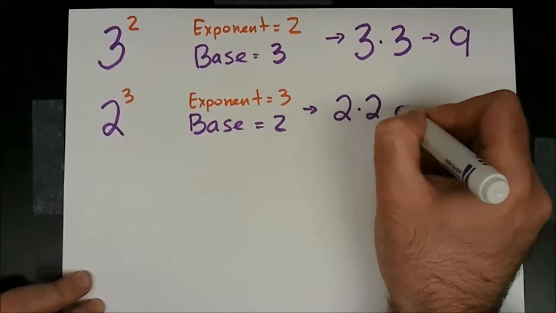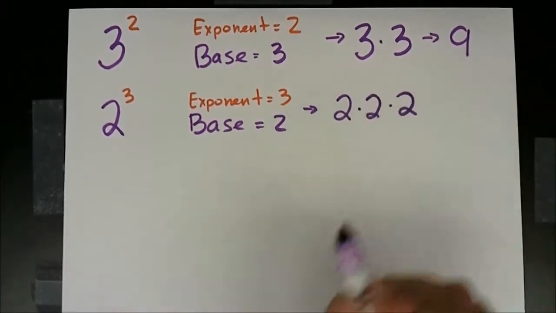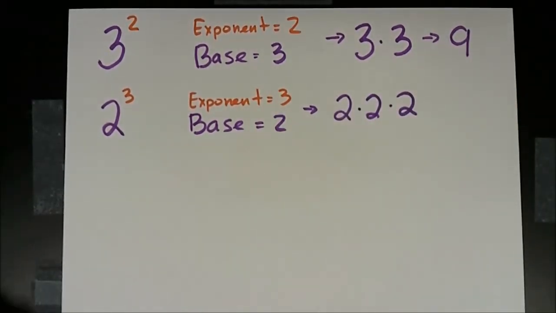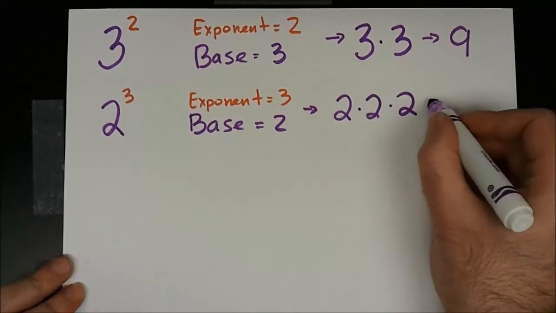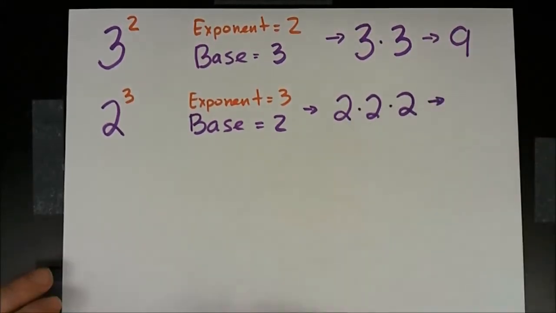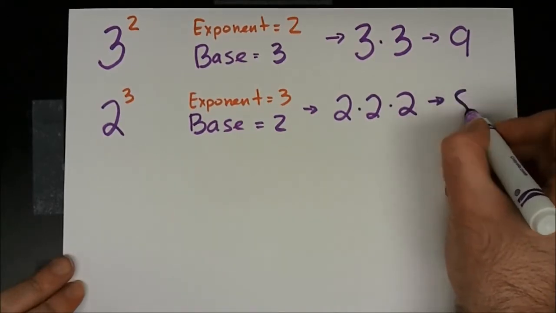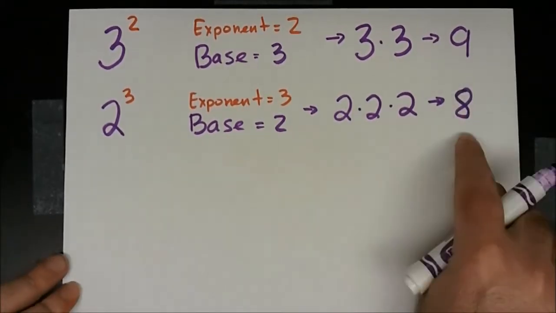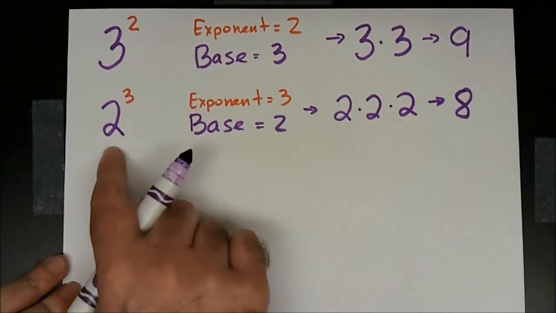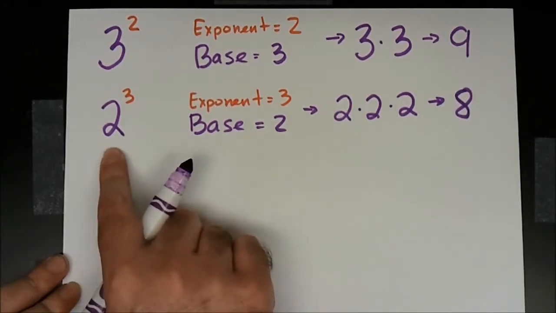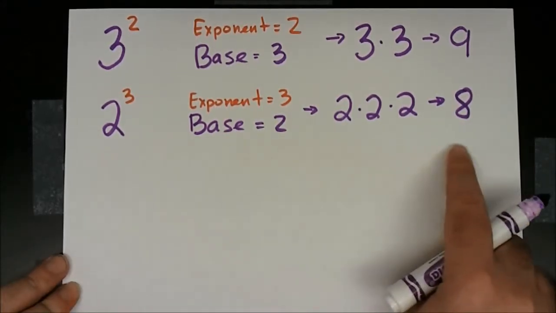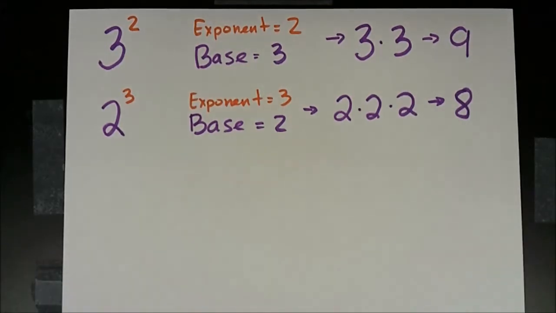That's 2 of them, and here it is for the third time. And can someone tell me what's 2 times 2 times 2? If you said 8, you'd be absolutely correct. Not exponential form, exponential form. So 2 to the third power is the exponential form of an 8.